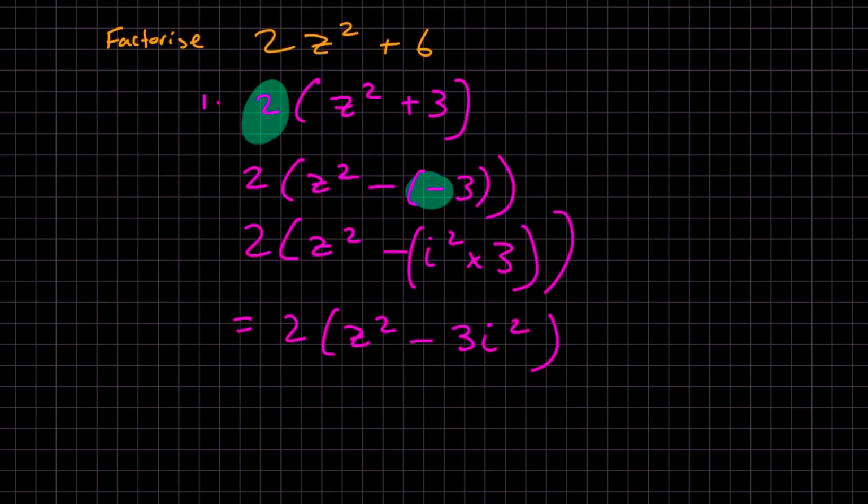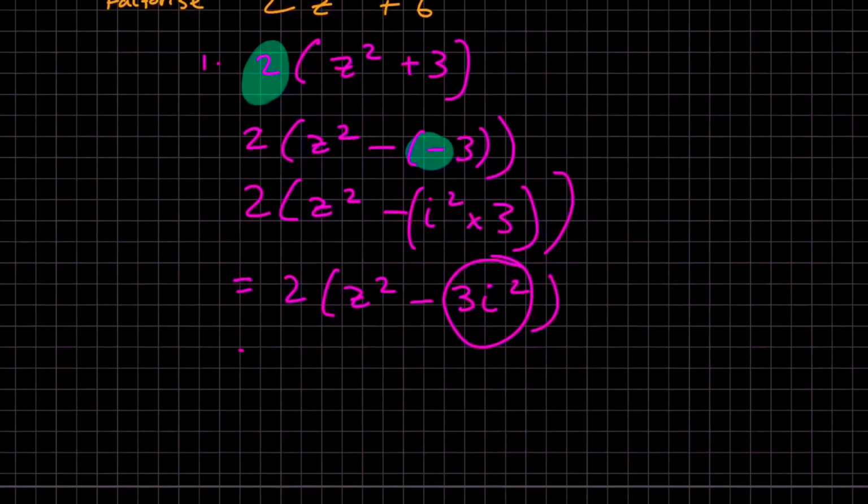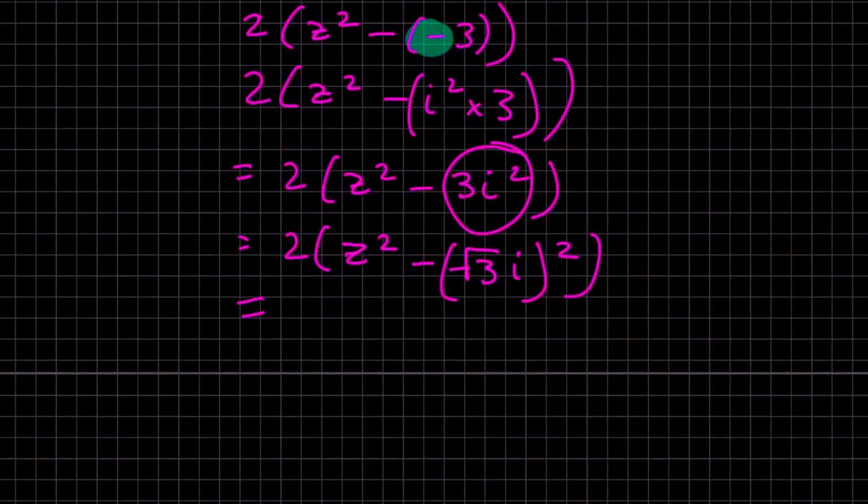Again, we want to be able to clearly see the square root of this. So taking the square root and then squaring this term, we would get 2 times z squared minus (square root of 3 i) all squared. Now we can use our difference of two squares formula to factorize. So this would become 2 times z minus square root of 3 i, times z plus square root of 3 i.